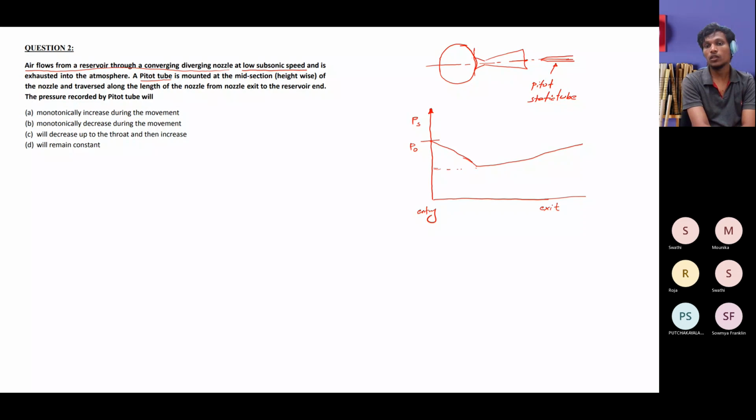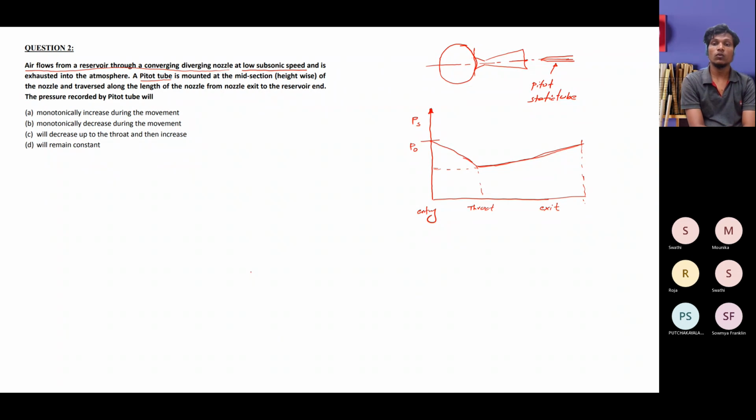This is your throat section. If this is your exit section, your pressure increases from the throat because it is subsonic flow.